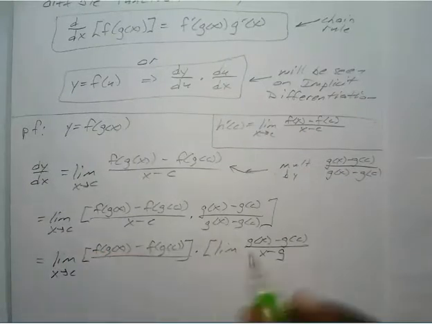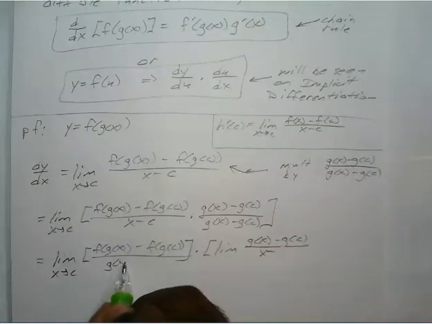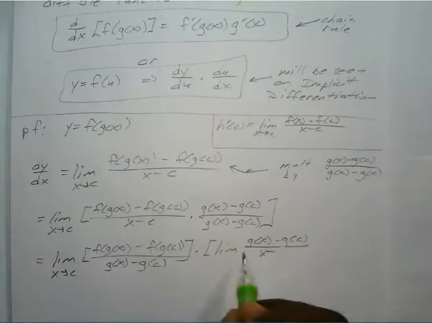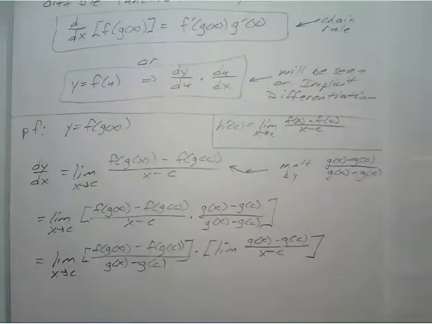What we did was swap these two denominators. Because it's multiplication, you can just switch those right on out.